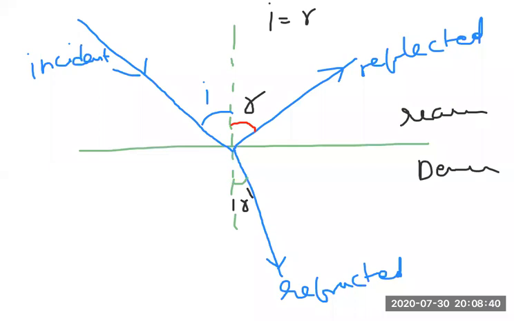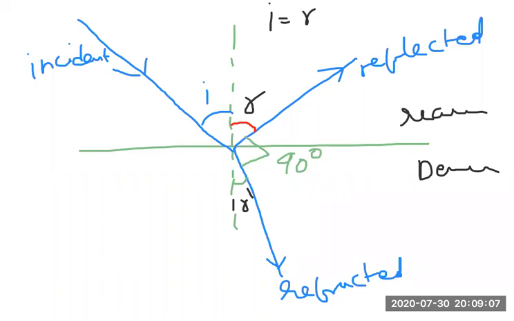Now, they mentioned that the angle between the reflected ray and the refracted ray is 90 degrees. When the ray is incident on a rarer medium, it is reflected back in the same rarer medium. Now it is refracted and there it makes an angle here.